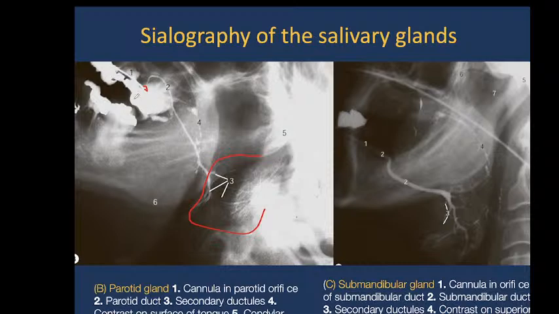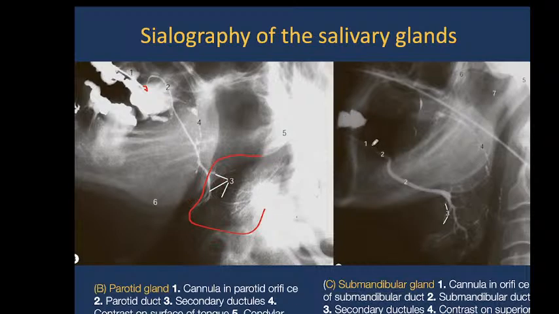You see the fluid which is also in the oral cavity, but some of fluid came into the ducts and show its structure.